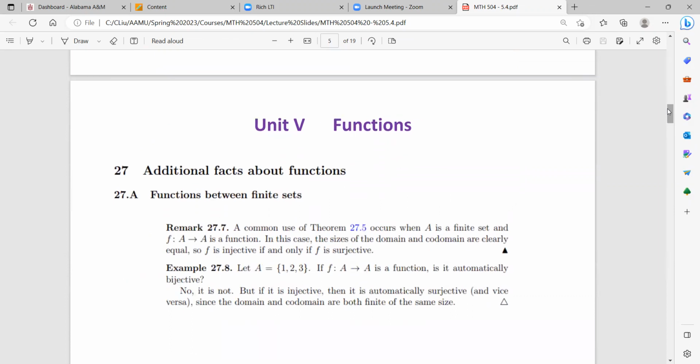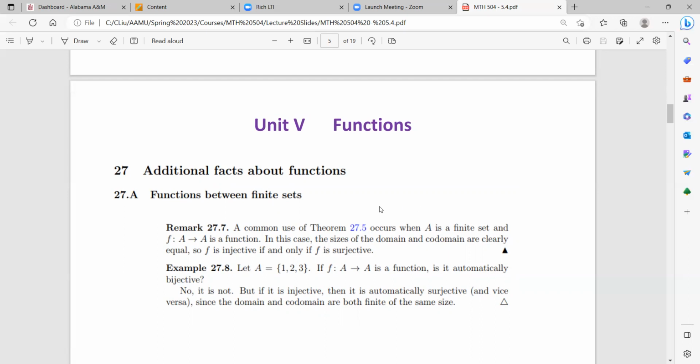Okay, so let's look at some more examples. There's one common use of the theorem 27.5. The theorem says that a function f from A to B is injective if and only if it is surjective, when the size of the domain and the size of the codomain are equal.